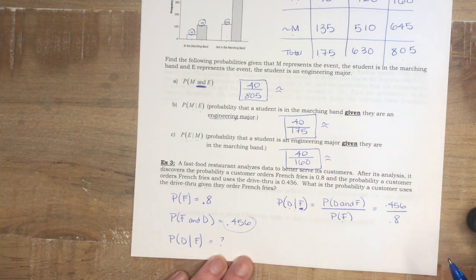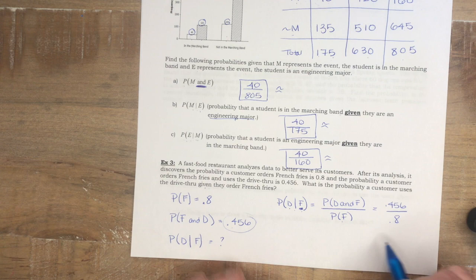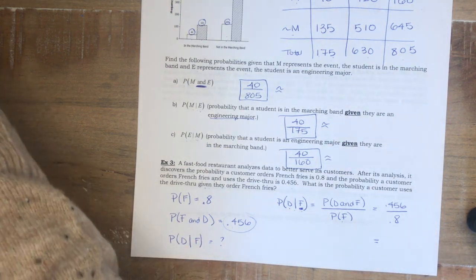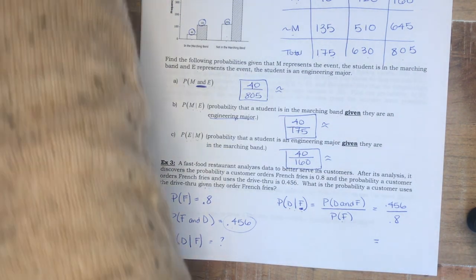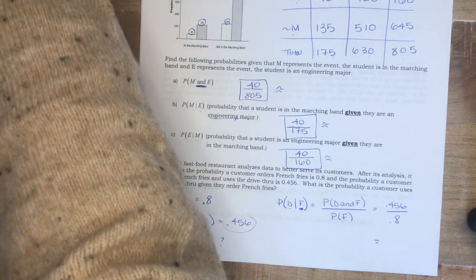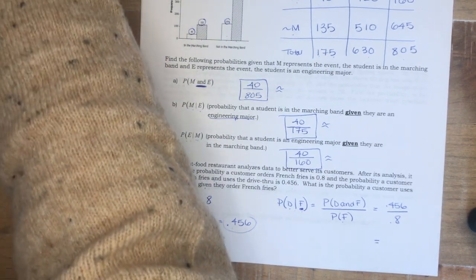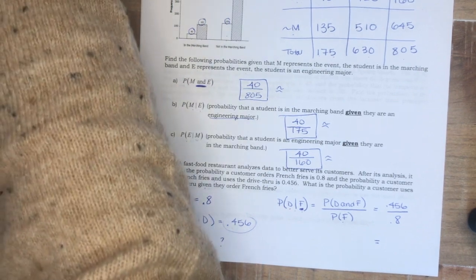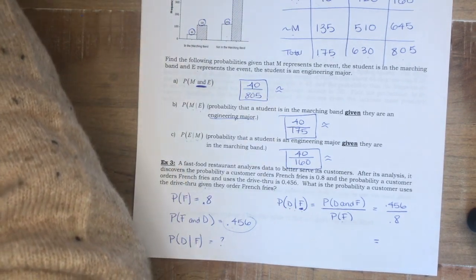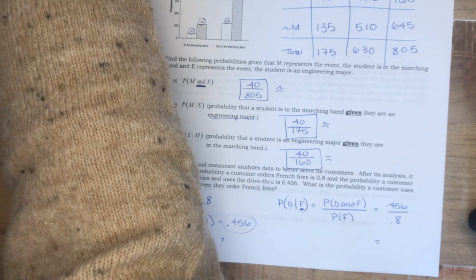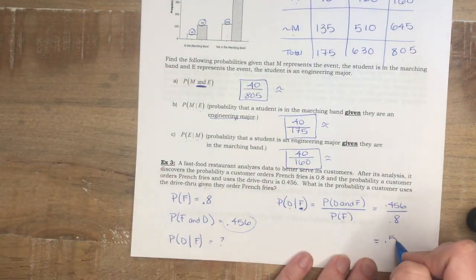So all I'm really doing is dividing these two probabilities, and I'll have my answer, which is 0.456 divided by 0.8 is 0.57.